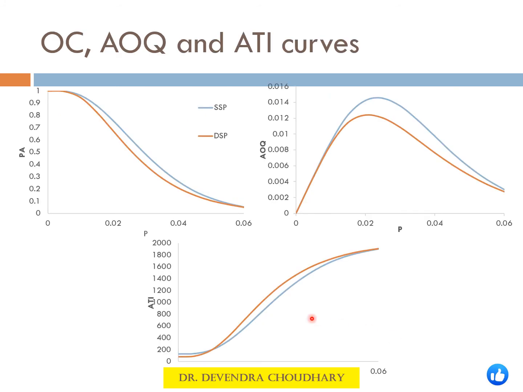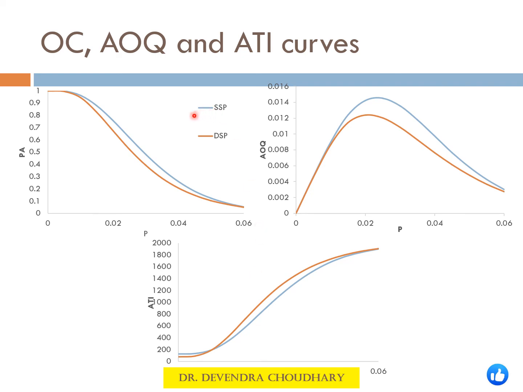Now we plot the OC, AOQ and ATI curves for these two sampling plans. This is the OC curve plotted between probability of acceptance and fraction defective. This is the AOQ curve plotted between average outgoing quality and fraction defective, and this is the ATI curve, average total inspection versus fraction defective.